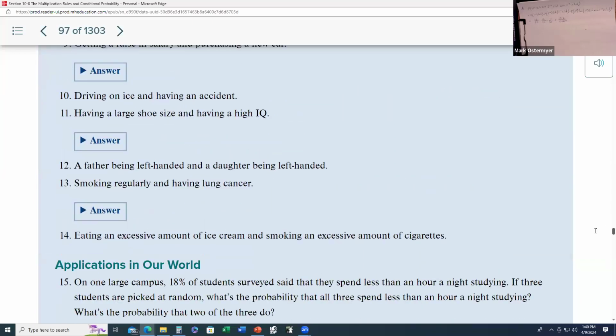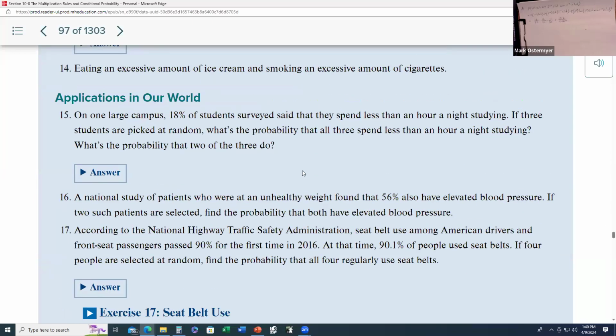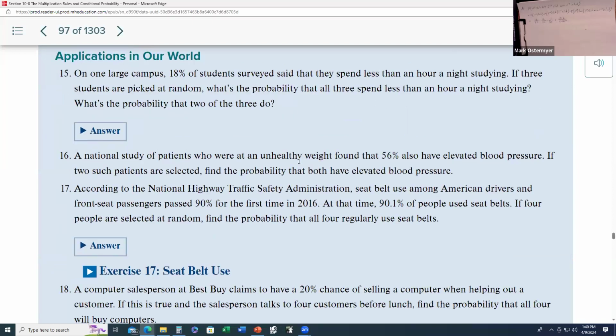All right, problem number 16 here. It says a national study of patients who were at an unhealthy weight found that 56% also have elevated blood pressure. If two such patients are selected, find the probability that both have elevated blood pressure.